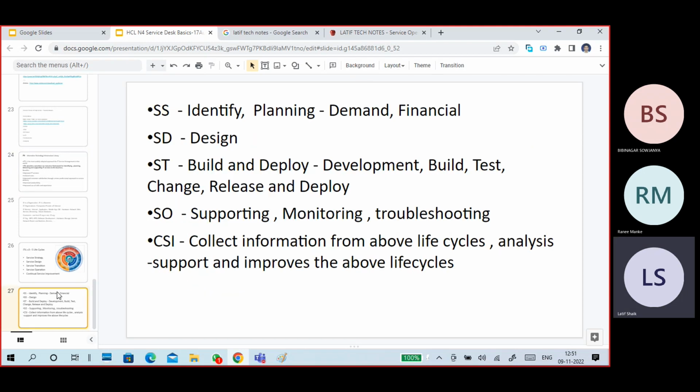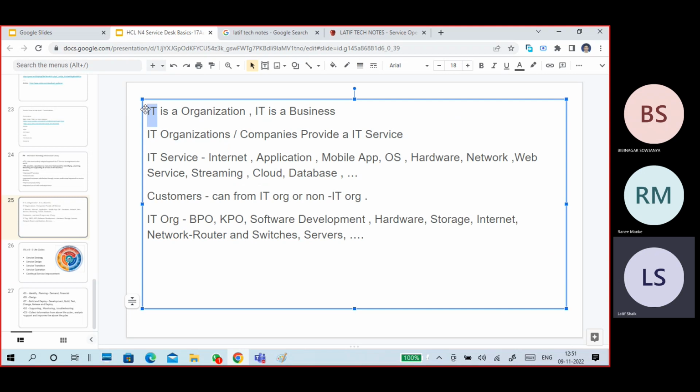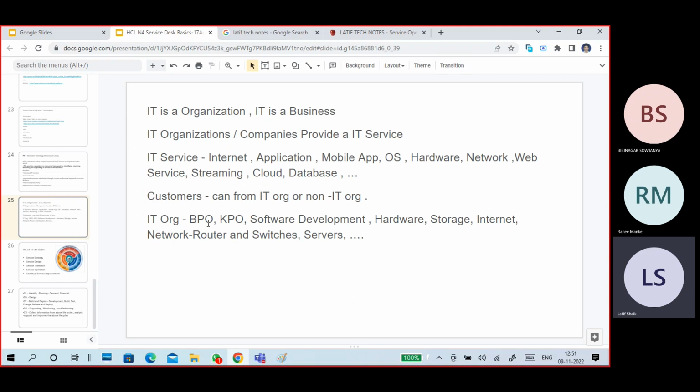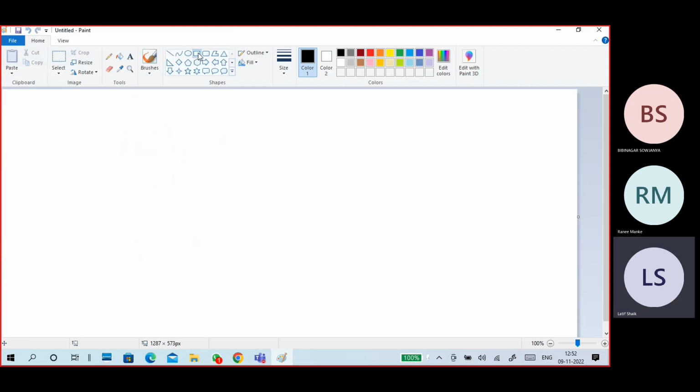Guys, what is IT? IT means information technologies. There are different businesses outside, with different types of services. For example, there are grocery stores like D-Mart. D-Mart is a non-IT company, right?